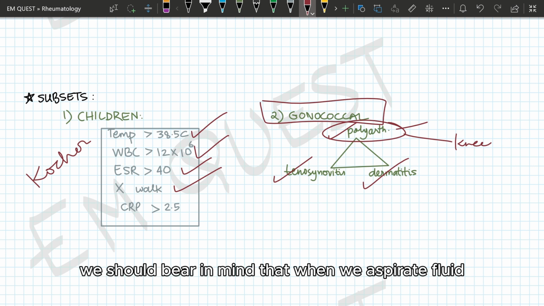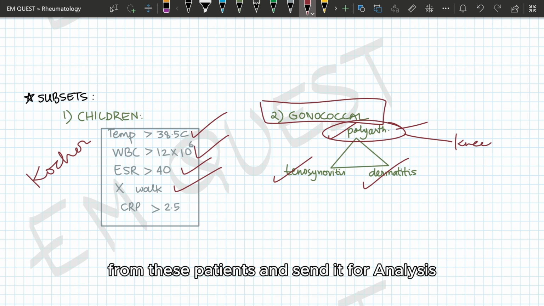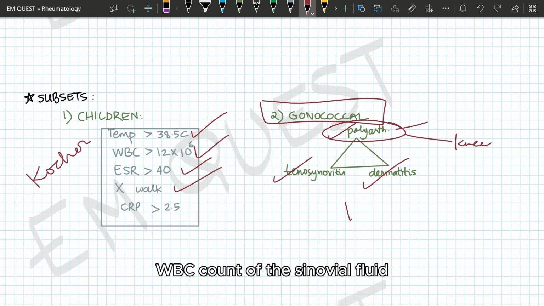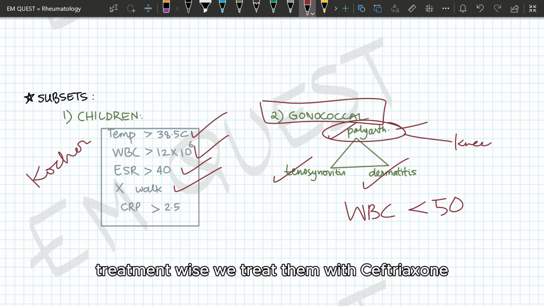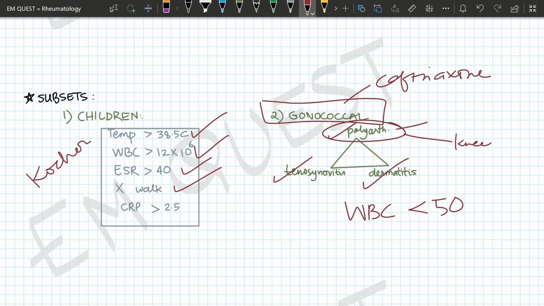We should bear in mind that when we aspirate fluid from these patients and send it for analysis, WBC count of the synovial fluid is usually less than 50,000 and the gram stain is only positive in 25% of the population. Treatment wise, we treat them with ceftriaxone or any third generation cephalosporin should suffice.